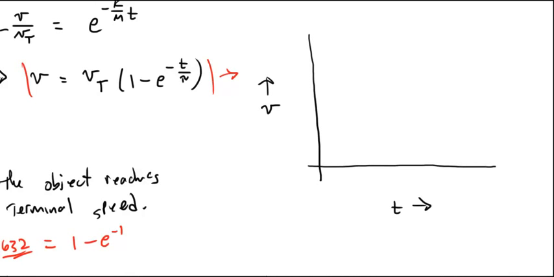It's going to look something like this. Here's terminal velocity, right? Here's Vt. And I'm going to get something that looks like this. So this is an asymptote, a horizontal asymptote.